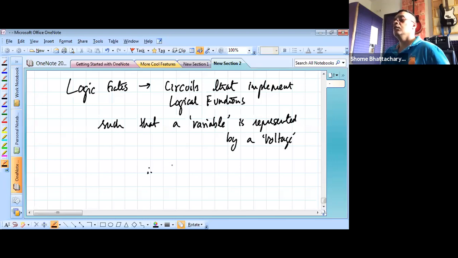So A being 0 implies the voltage corresponding to that is low, and A being 1 corresponds to the voltage related to the variable A being high.